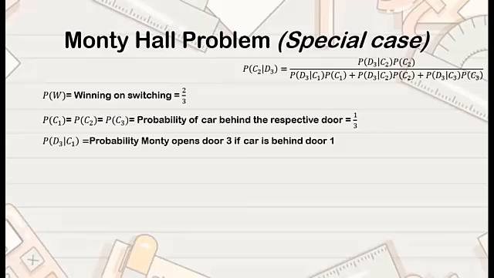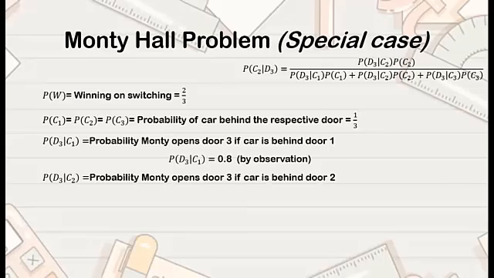The probability of D3 given C1 is the probability that Monty opens door 3 given the car is behind door 1, which, as stated in the problem statement, is 80% of the time, as he prefers opening door 3. The probability that Monty opens door 3 if the car is behind door 2 is 1, essentially because Monty has to open the door that has a goat, not the car.